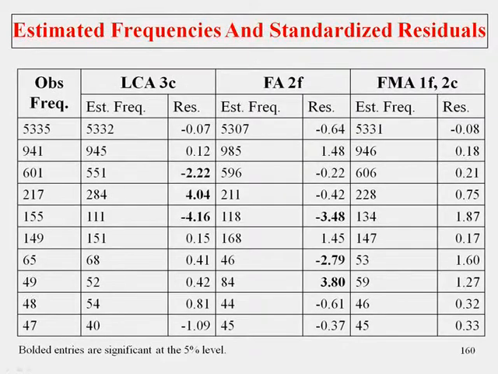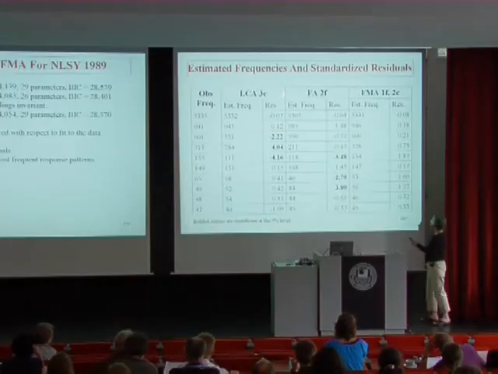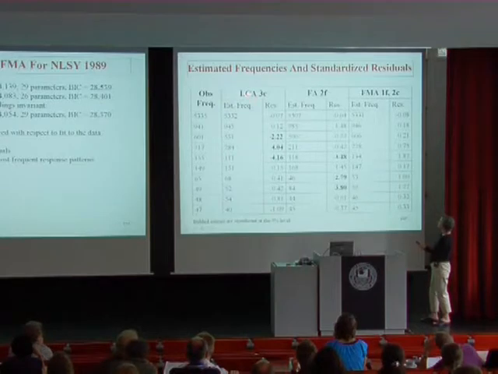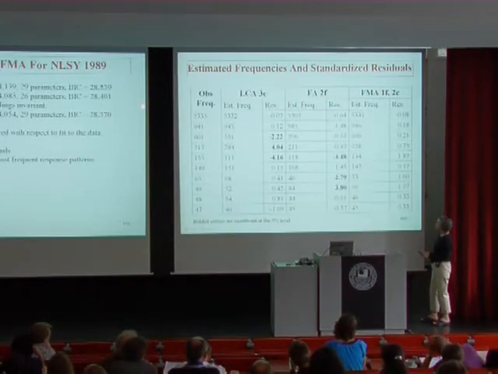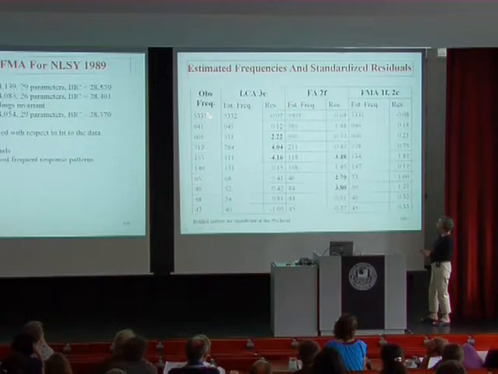So here we have standardized residuals for various observed frequencies. We're looking at the standardized residuals for the latent class 3-class model, the factor analysis 2-factor model, and the FMA 1-factor 2-class model. And these are for the response patterns, I believe.